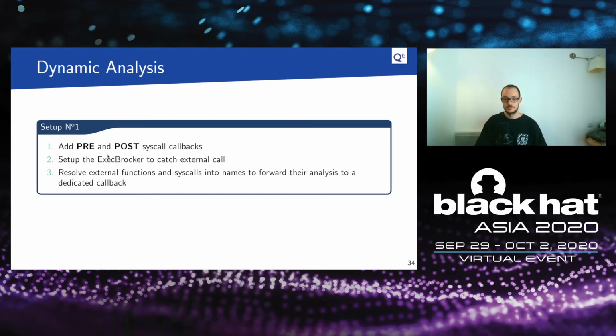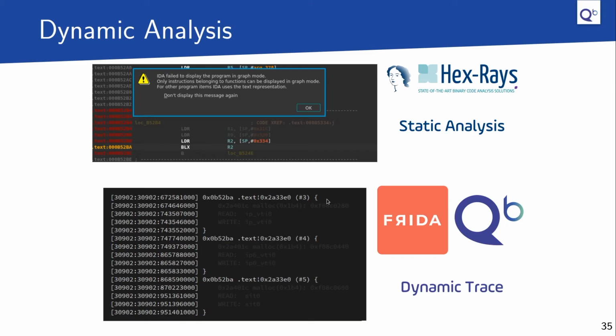You can also set up the exec broker so that you get an external call trace, which is like strace but for all the external functions, which is quite convenient. You can resolve the external call into a symbol and process the parameters and the return value in dedicated callbacks. And you get a call trace.